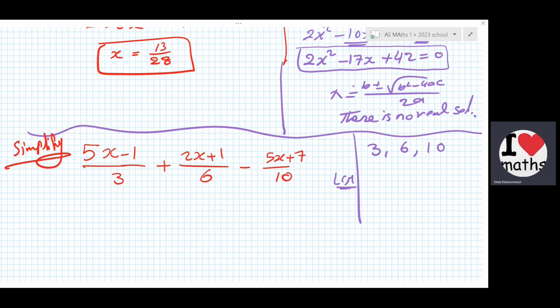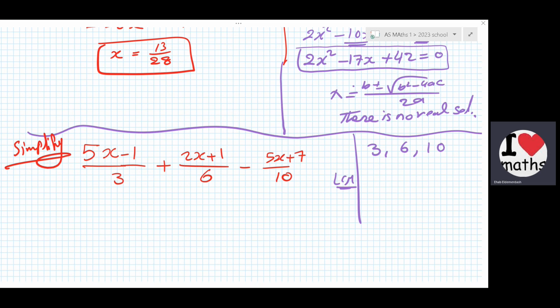Forget the 3, because whatever is divisible by 6 will be divisible by 3 as well. The 3 is included in the 6 already, so I cancel the 3.